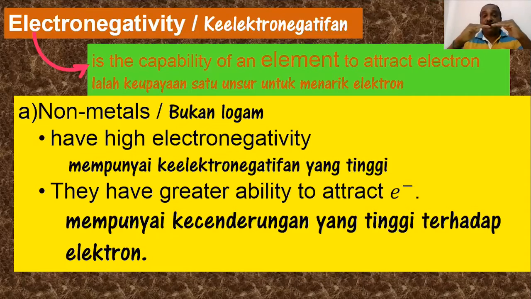Then you compare within the period. Within the period, those on the left-hand side will have bigger atomic radius compared to the right-hand side. So first criteria, you see which one has the biggest period. The biggest period, the biggest atom. Within the period, the one on the left-hand side will be bigger in size compared to the one on the right-hand side in the same period. Okay, ini berkaitan dengan electronegativity.